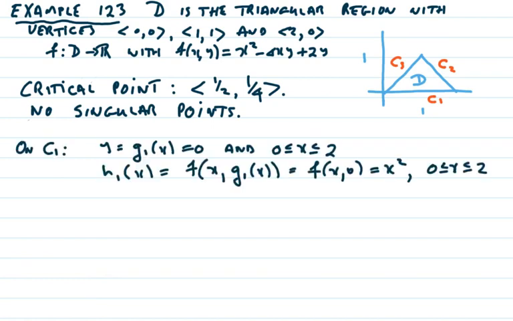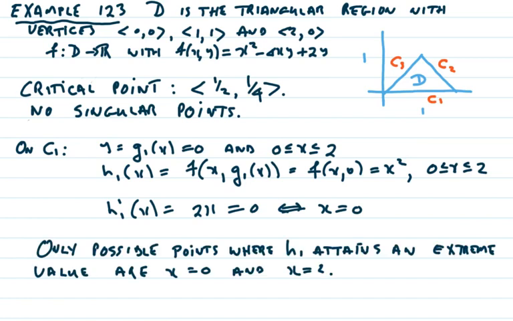In the context of Theorem 122, you can see that on C1, y is equal to 0, and x lies between 0 and 2, and we have the function h1 defined by h1(x) = x², with x between 0 and 2. To find the points where the function h1 possibly has a local maximum or minimum, we find the first derivative, which is only 0 when x is 0.